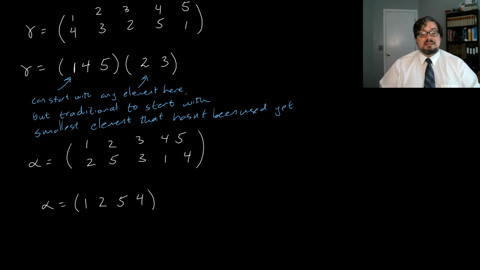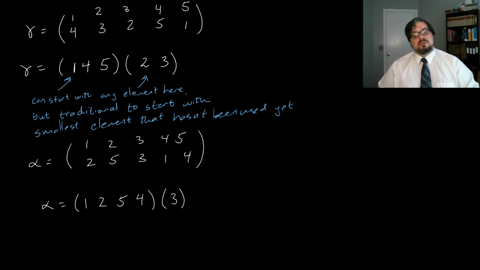All right, so that's handled everything except 3. We've described what happens to every element of the underlying set except 3. So let's start a new one there. And we see 3 gets sent to 3. 3 gets sent back to itself. So we can write that cycle this way.